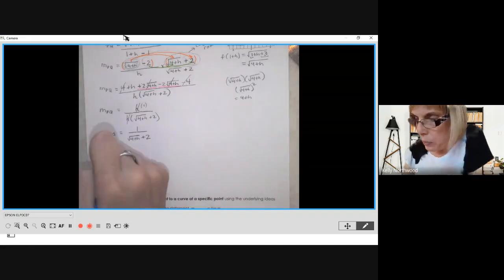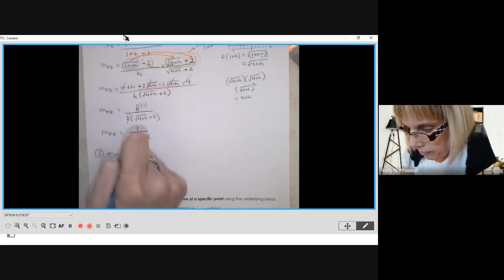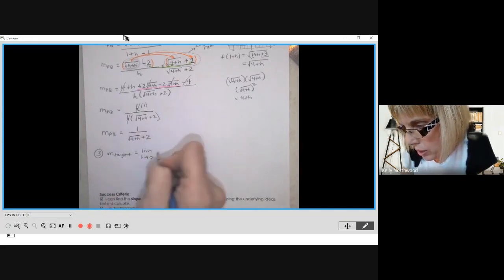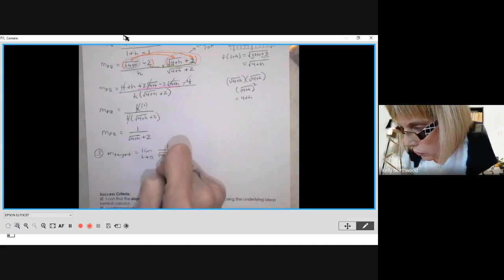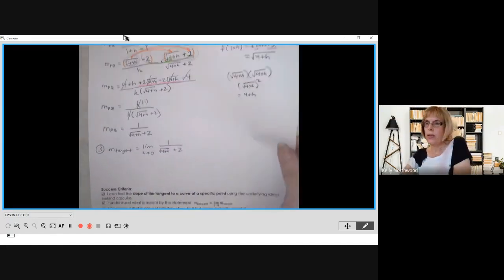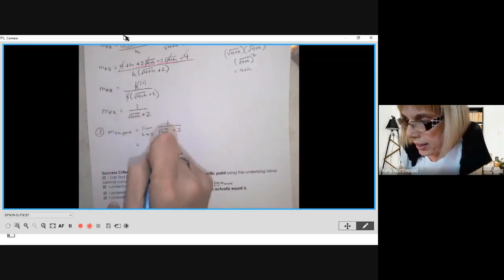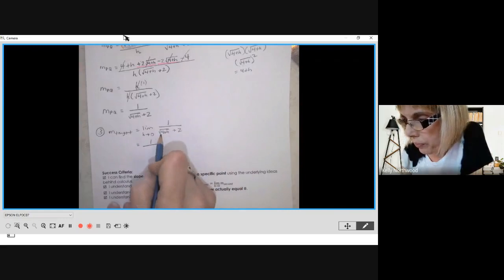All right, step 3, slope of the tangent. Slope of the tangent is the limit as h approaches 0 of 1 over the root of 4 plus h plus 2. Okay, this one takes maybe a little more thought here. So as I let h approach 0, the numerator is going to stay the same as 1.